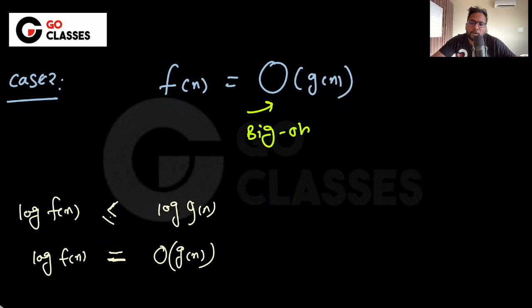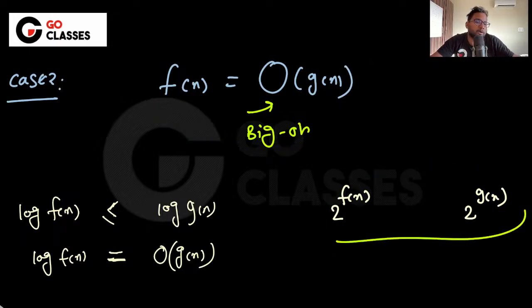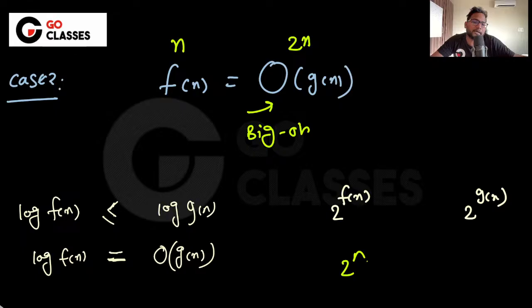Now, what about after taking the power? That's also interesting. If initially it is big O, then after taking the power, what will happen? Here it is very interesting. Here it might be the case that the constant may play a role in the power. So if let's suppose fn is n and gn is 2n, then it is fine. 2 power n, then 2 power 2n, which is nothing but 4 power n.